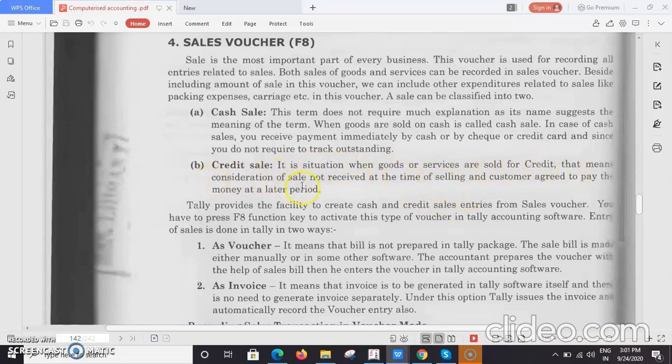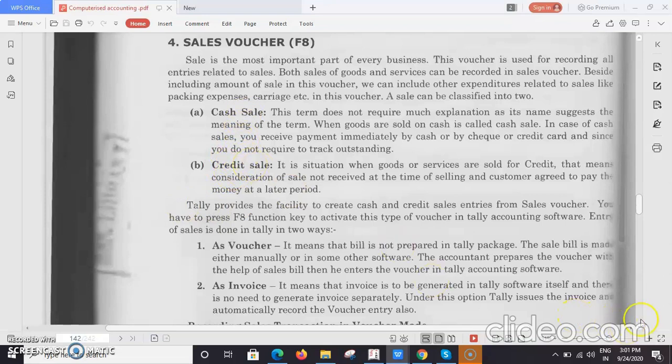That means consideration for the sale is not received at the time of selling, and the customer agrees to pay the money at a later period. So in the first case, cash sales, the customer is giving the amount immediately and we are giving the goods. In case of credit sale, we are not receiving the amount immediately. The next thing is we can record cash sales and credit sales both in Tally.